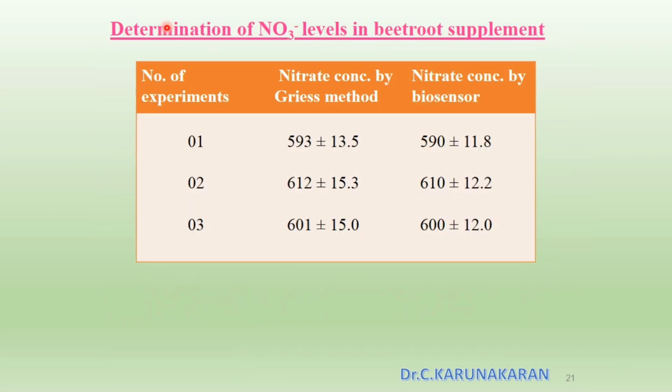We have determined the nitrate concentration in the beetroot supplement provided by DRDO by the biosensor method, and we have also determined it by the Griess method, using an optical method. They agree with each other.